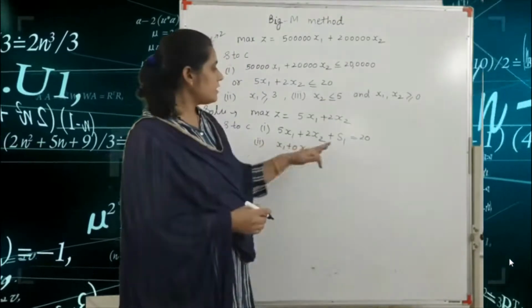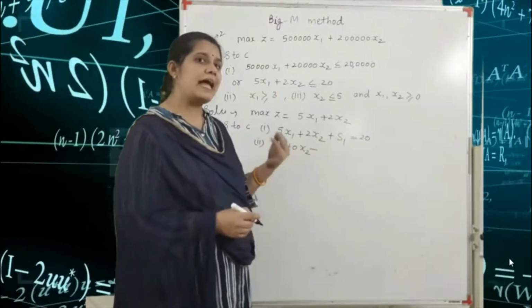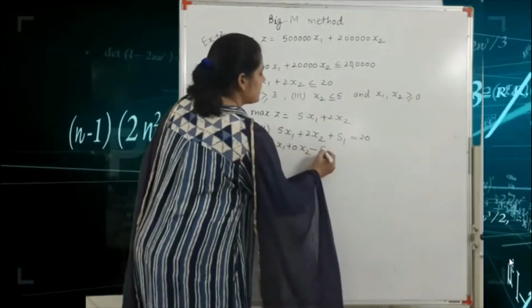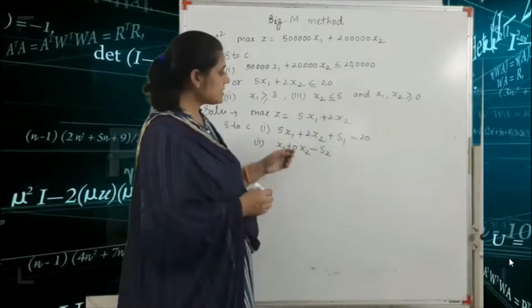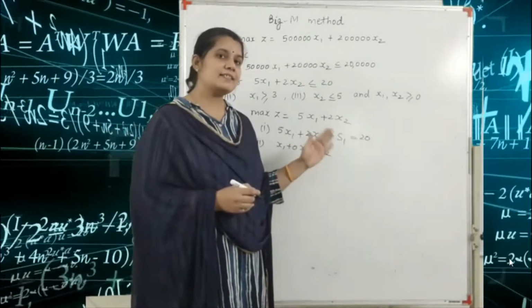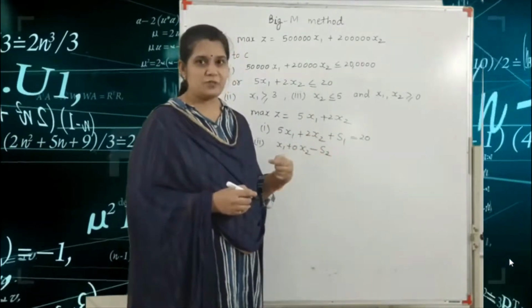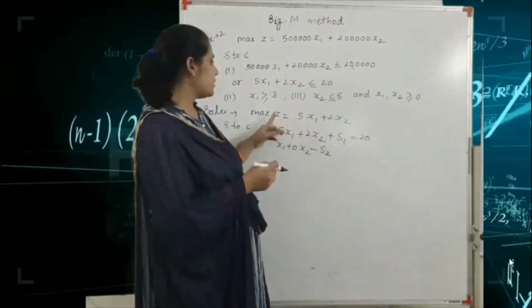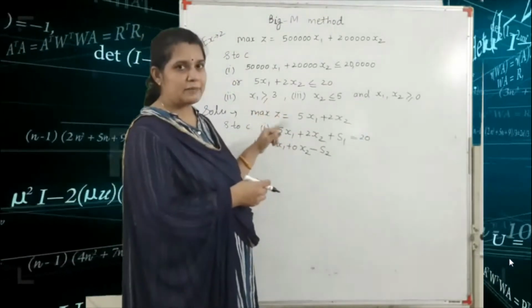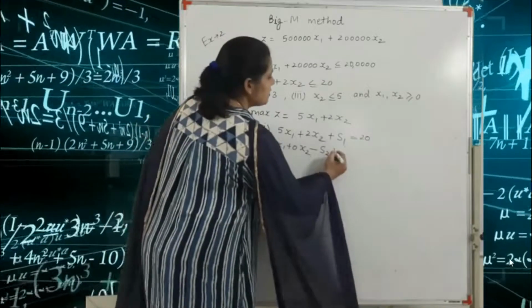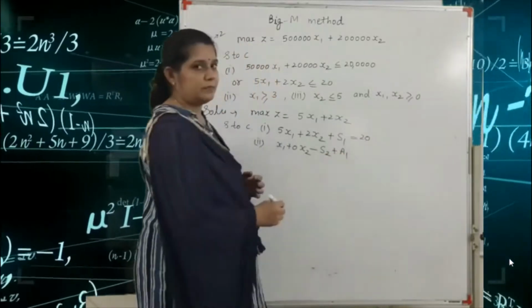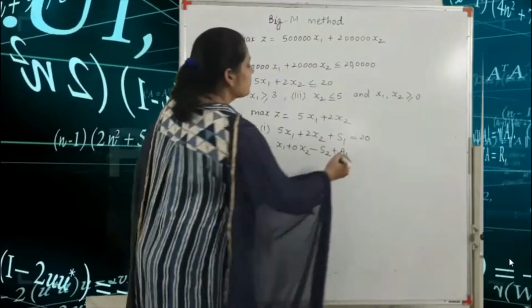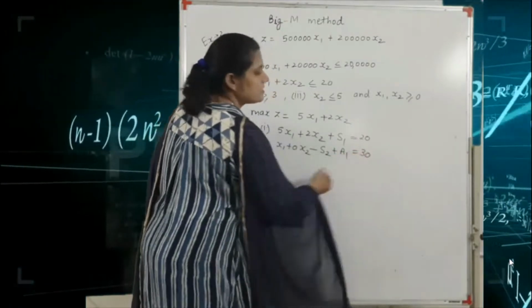We already used s1, so we write s2, with a negative sign, because for a surplus variable we always write the minus sign for a greater than or equal to inequality. We also always add the artificial variable a1, equal to 3. This is our second equation.